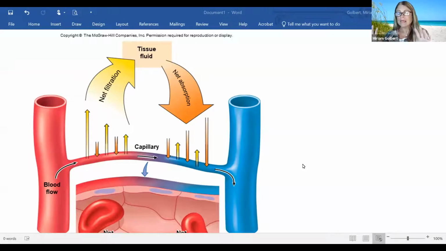And then on the other end of this capillary bed, we have the small tiny capillaries from the venous end, and then we have the venules that are going to collect all that carbon dioxide and soluble waste, that is going to return through the vena cava, both superior and inferior, into the right atrium.